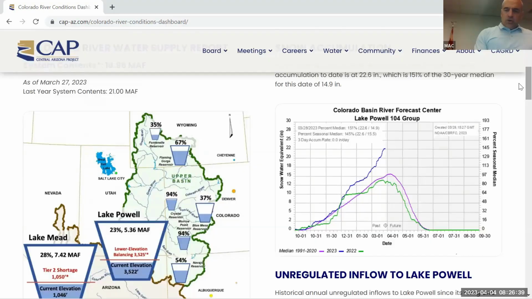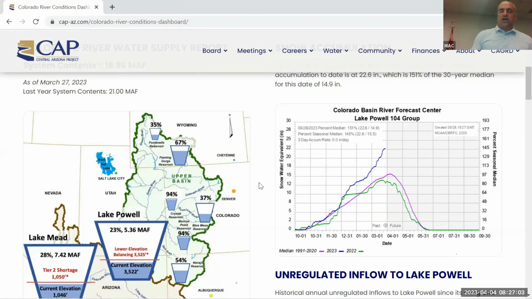So that's available for people. And of course, all of the headwater areas, like up here in the Green, where you see Fontenelle Reservoir, and over here in the upper Colorado, in the upper basin where you see Crystal and Blue Mesa, those are really important areas for us because those constitute about 70% of the snow that's going to feed the system in a given year.